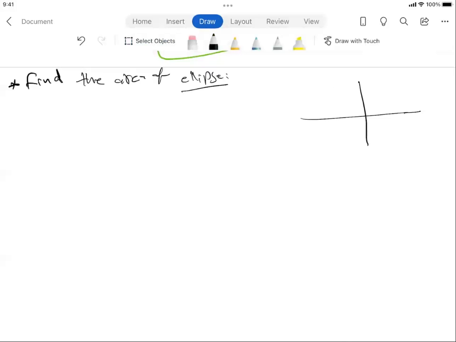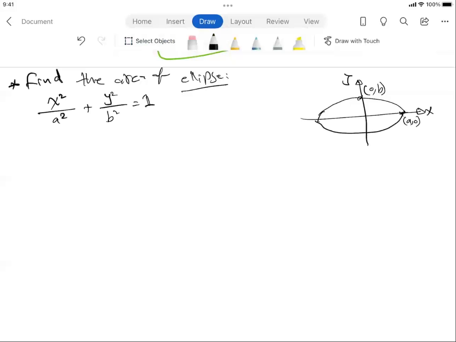So let's say I have an ellipse here, and let's say this point is (a, 0), and this point is (0, b), and this is X, this is Y. So we know that an ellipse has an equation of the form x squared divided by a squared plus y squared divided by b squared, and that's equal to simply 1.